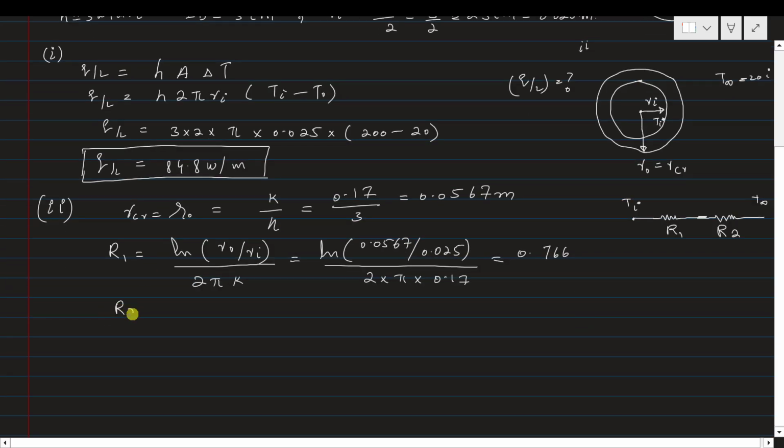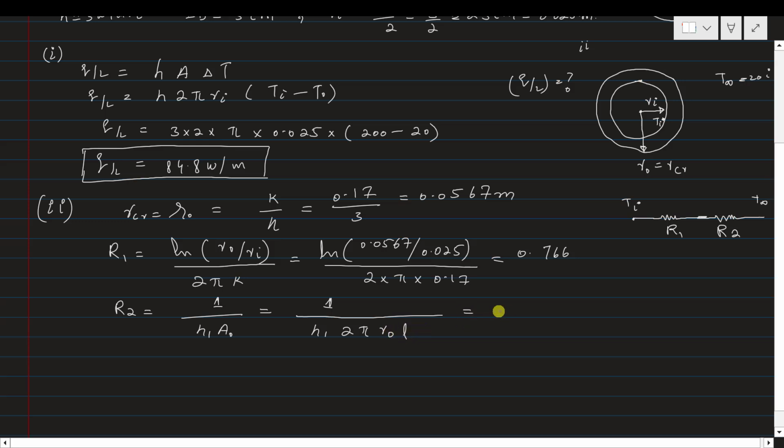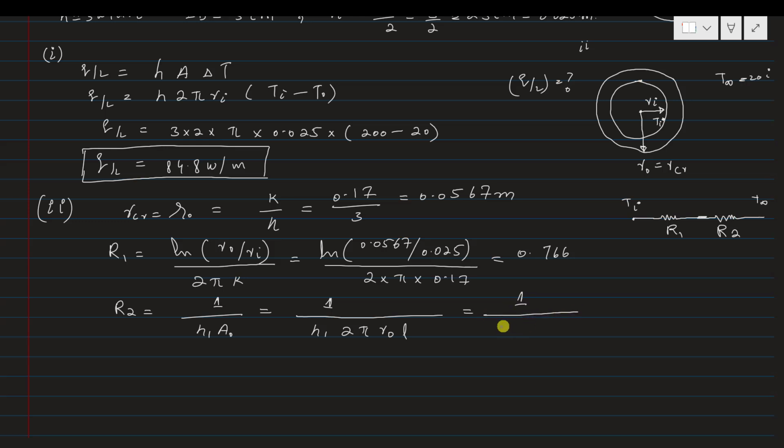Next is R2, equal to 1 divided by the outside convection heat transfer coefficient h times the outside surface area A0, which is 2 pi R0 L. Taking L as 1, R2 is 1 divided by 3 multiplied by 2 pi multiplied by R0, which is 0.0567.